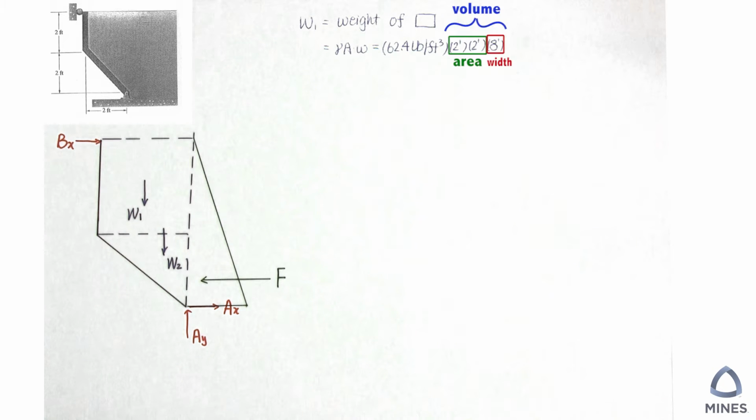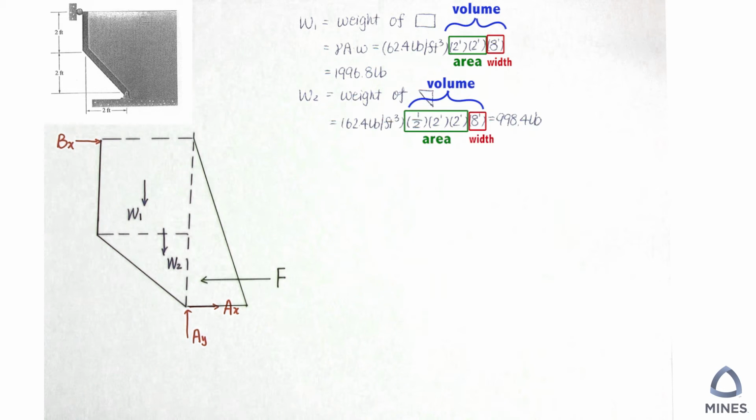If we group these dimensions, you are going to see this is the area of this rectangle and then the width of the gate. We do the same thing for W2. And again, you have to group the dimensions so that you are not missing any dimension.